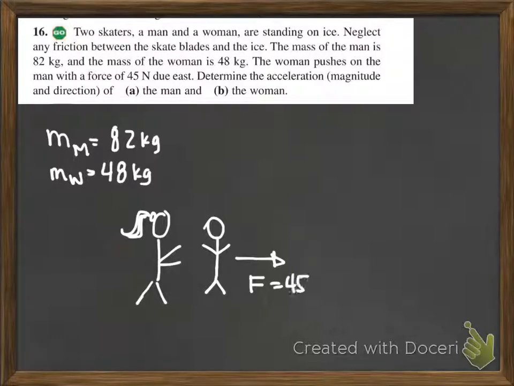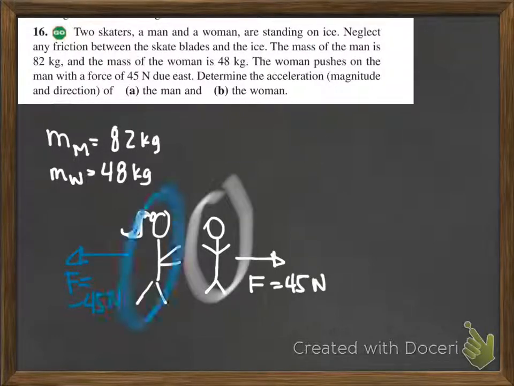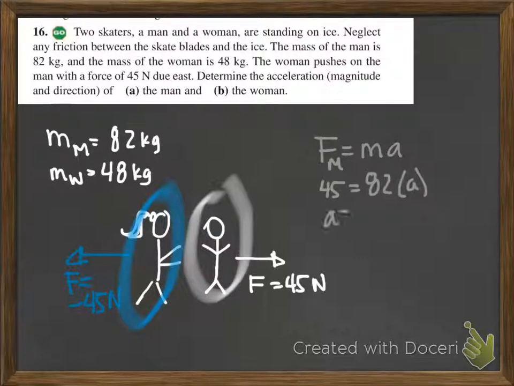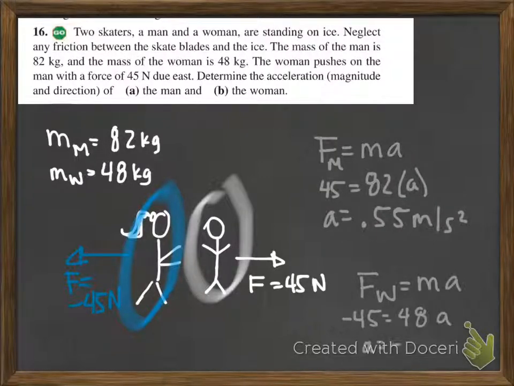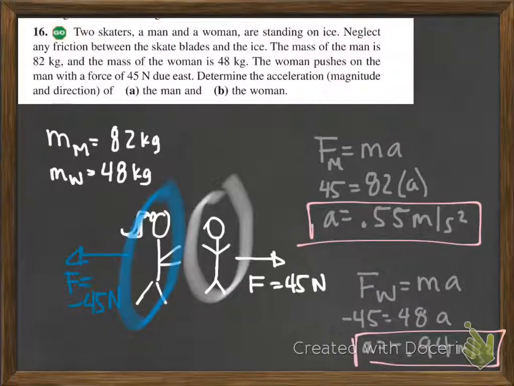Because of this, we also know that the man is pushing with negative 45 newtons. With these forces and the masses, we can find each acceleration. With the force of the man and the mass of the man, we'll find his acceleration, and the force of the woman and the mass of the woman, we'll find her acceleration. So the accelerations are 0.55 meters per second squared and negative 0.94.